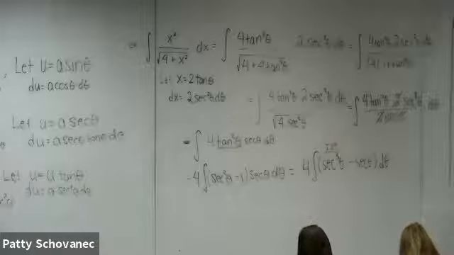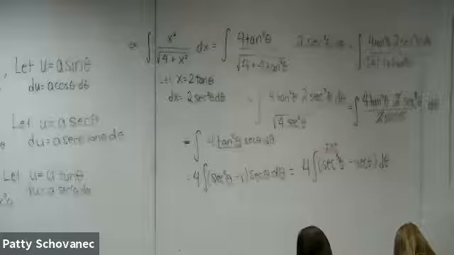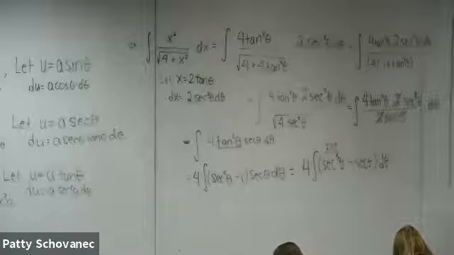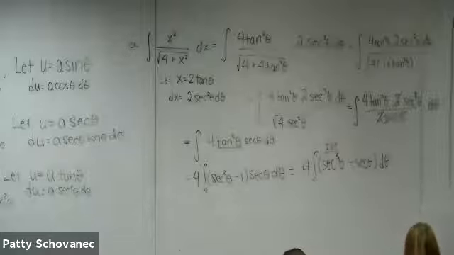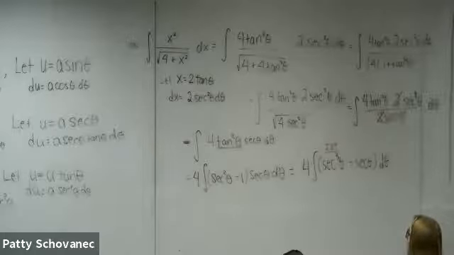So I'm going to have a secant cubed of theta. And then I'm going to go ahead and integrate the secant. I got a minus and a minus, and that's going to give me a plus. So in here, I'm going to have my natural log of secant plus tangent. So that comes from this integral.